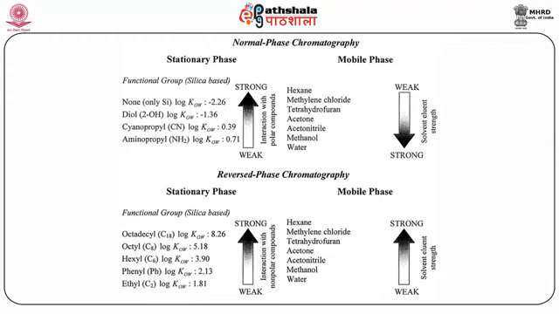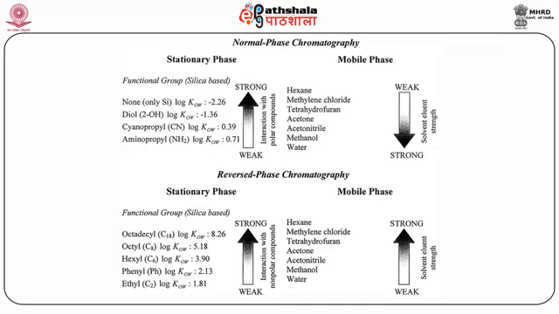In the lower panel you can see the stationary phase and the pattern of elution strength of the mobile phases. Here the silica is modified with octadecyl, octyl or hexyl end capping.